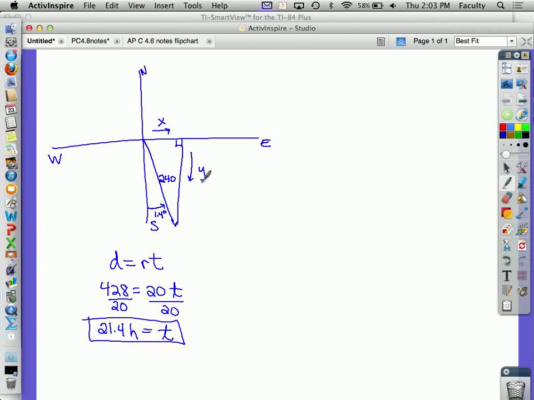So if I know that it's 1.4 degrees here, what's this angle? 88.6, that's right. Because this is a right angle, right? The east, west, north, south, they make 4 right angles there. Now we can find x using our right triangle trig. I would have adjacent and hypotenuse, so I'm going to do cosine 88.6 degrees equals x over 240. So use your calculators.